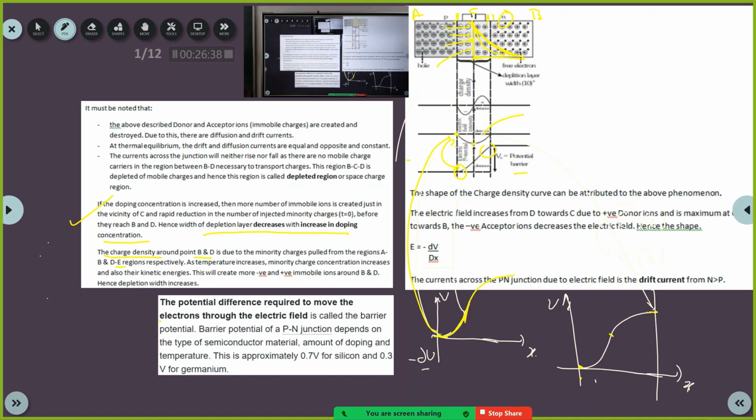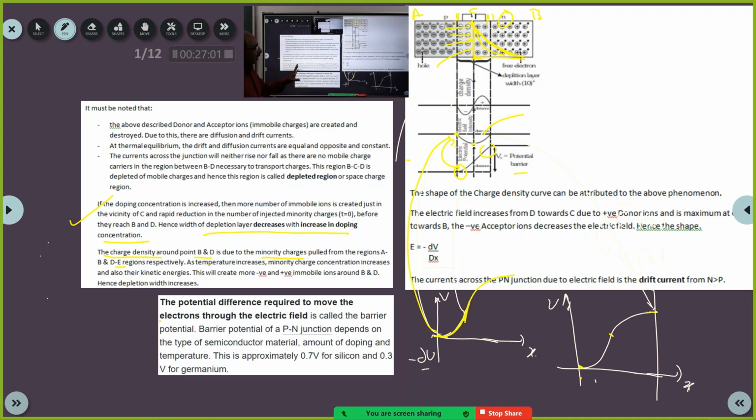Sir, will it be due to the electric field established inside the depletion region, sir? See, first of all, when temperature increases, the concentration of the minority charges increases. Before the temperature increased, there was some amount of minority charges.